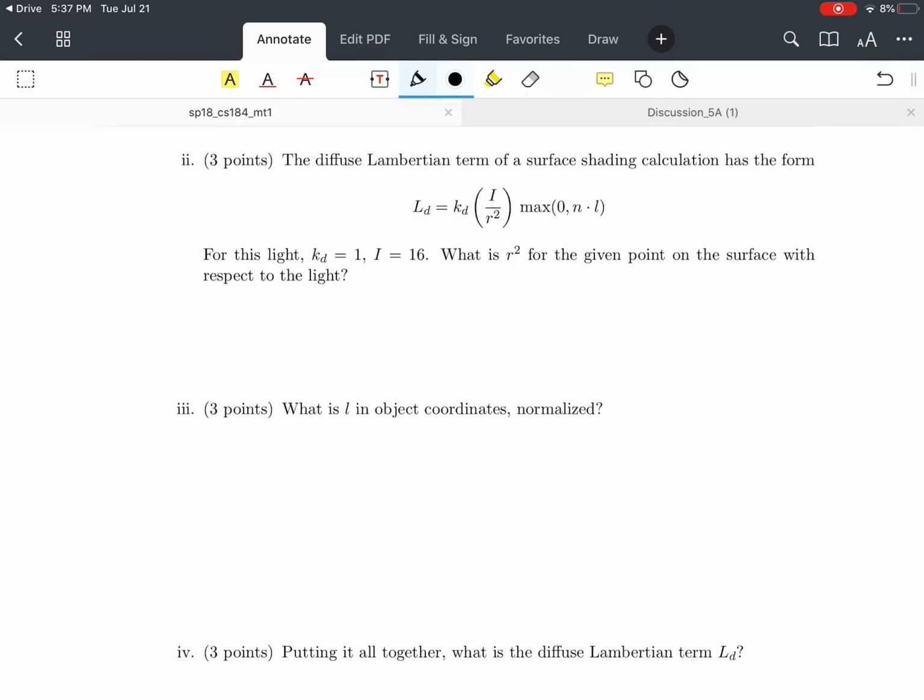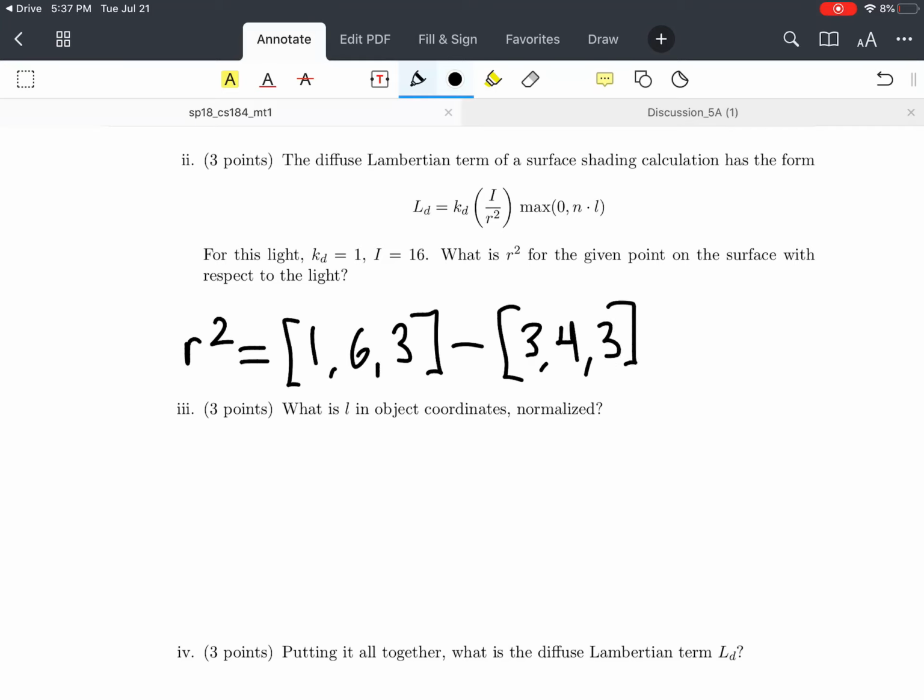Okay, so this is pretty simple, just straight up math. So R squared is equal to, it's going to be 1, 6, 3, the position of the light, minus 3, 4, 3, the position of the point, and then all squared.